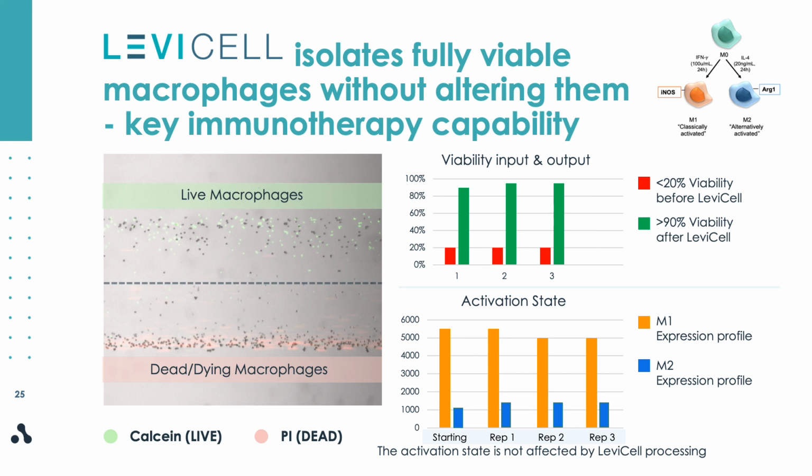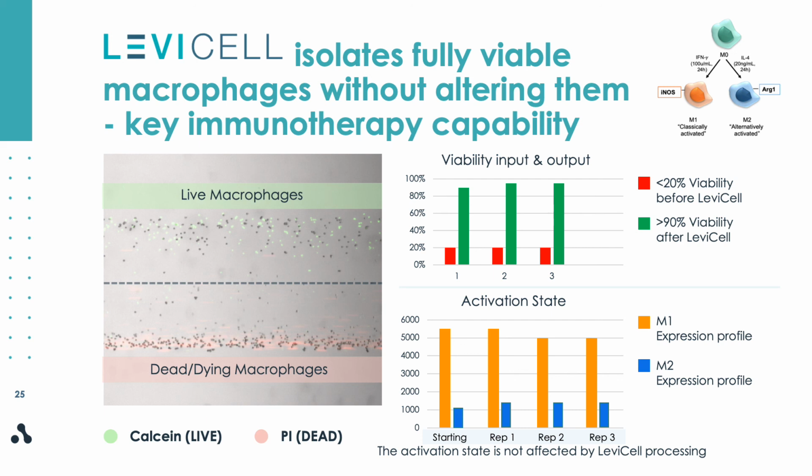So what this experiment shows is our ability to isolate a viable live macrophage population directly from a tumor. These are solid tumors, with great yield and recoveries. But even more importantly, what it shows is that the activation state, as measured by gene expression of two specific genes, one specific to M1 and one specific to M2, is not altered by our processing.